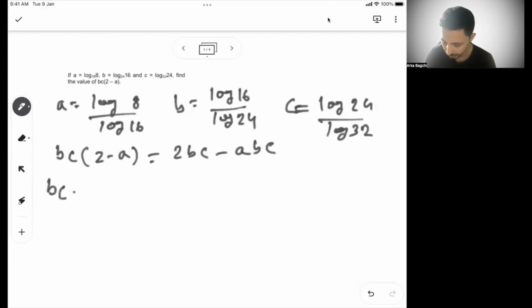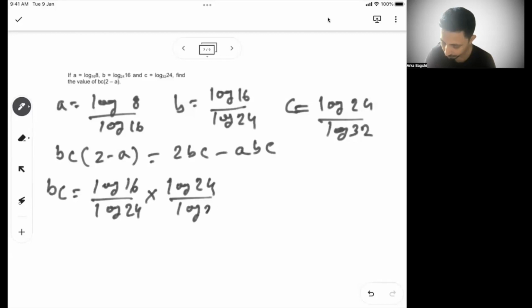So BC is log 16 by log 24 into log 24 by log 32. 24 gets cancelled. So BC is log 16 base 32.